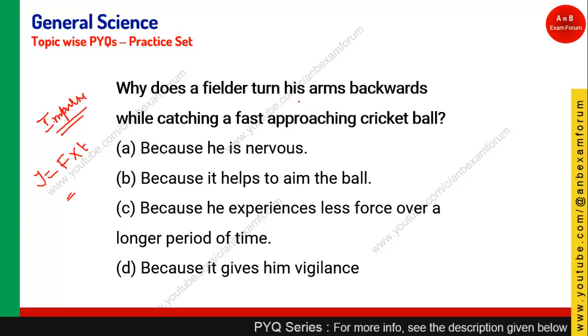Since he is moving his arm backward, he is giving time to reduce the momentum, so that he does not get hurt, because the ball is going to exert less force. He experiences less force over a longer period of time, which is nothing but the impulse, so that's why he moves his arm backward.